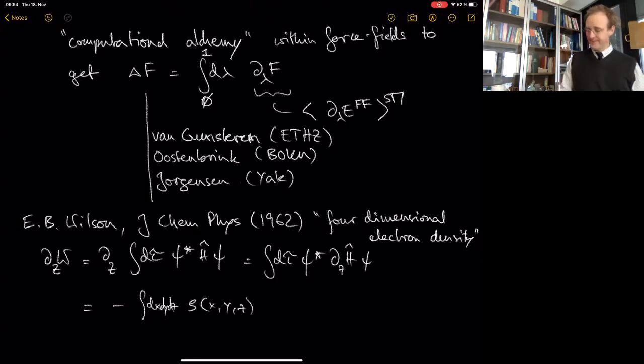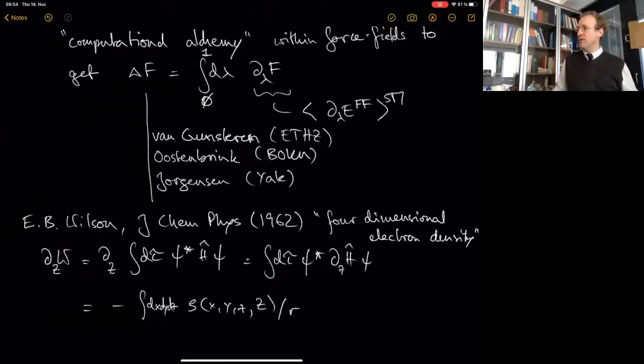Divided by the distance to the atom, right? So this is the distance to the atom with respect to which you're differentiating. And this electron density, of course, depends on your nuclear charge.